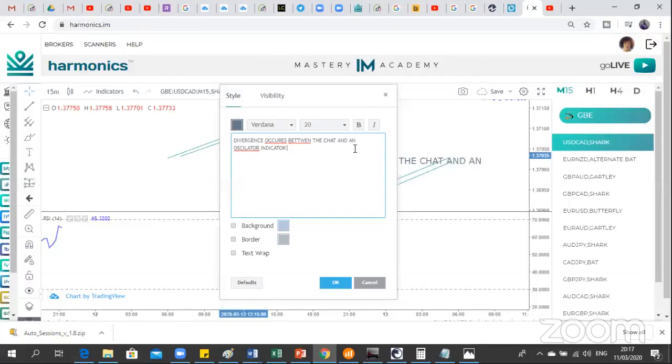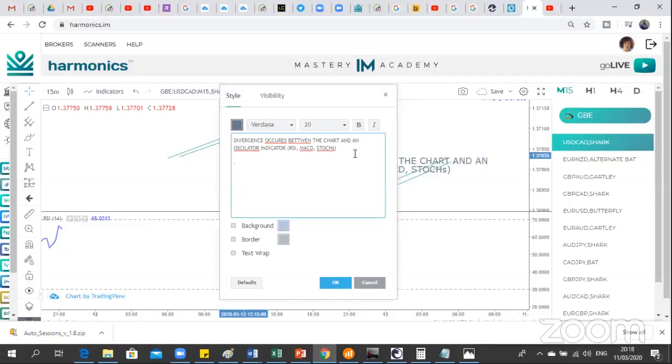An example is RSI. An example is MACD. An example is stochastics. All of these indicators will allow us to identify the reversal point.